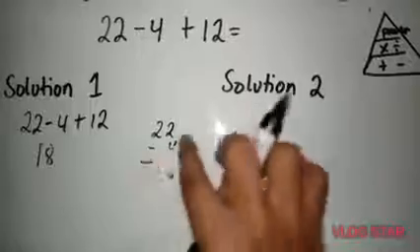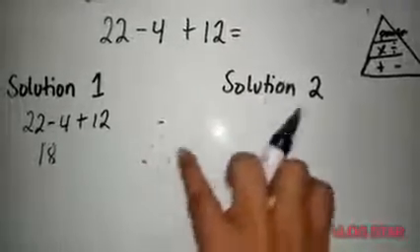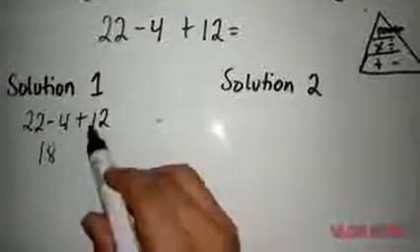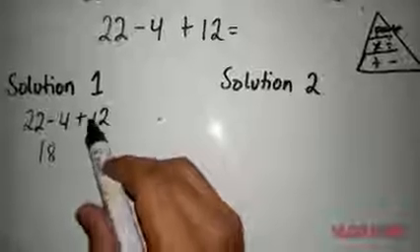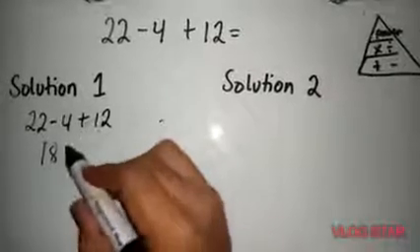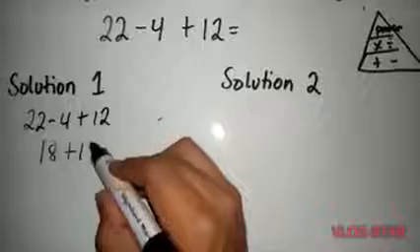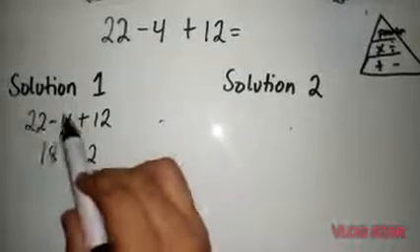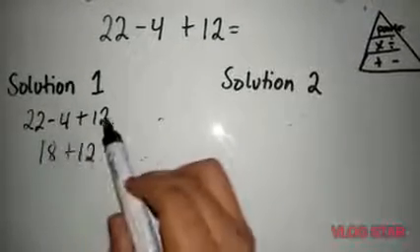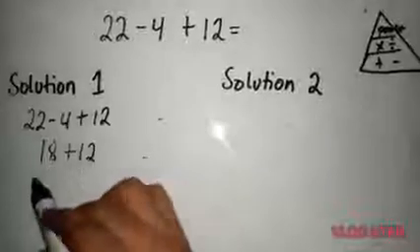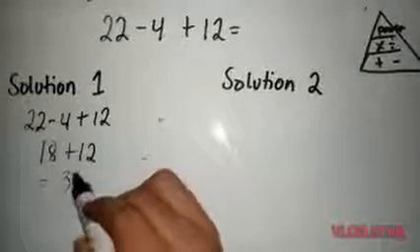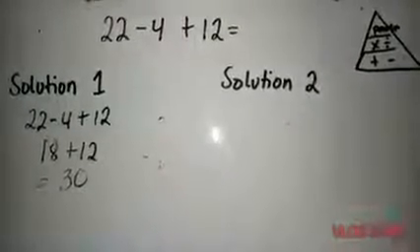That is the first step. Then after you subtract, it's time to add plus 12. So 22 minus 4 is 18, then plus 12. The answer is 30.